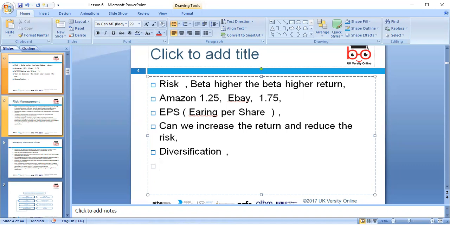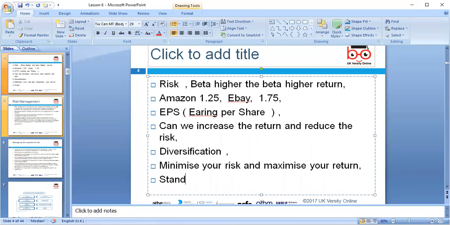Some companies have a high risk, some have a low risk, and you can look around and divide your investment accordingly, so you can minimize your risk and maximize your return.